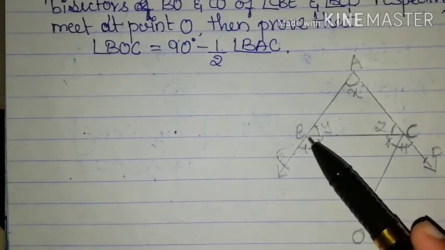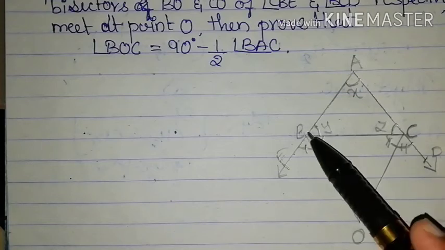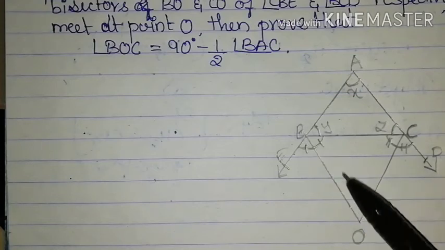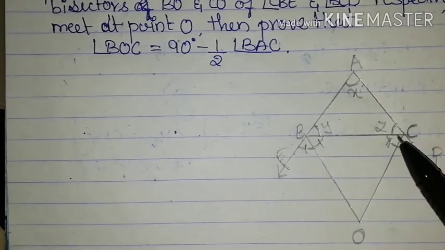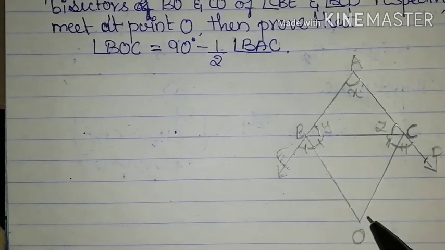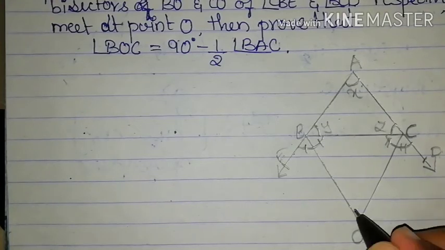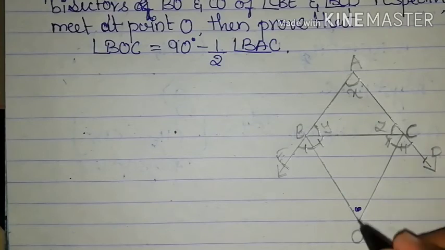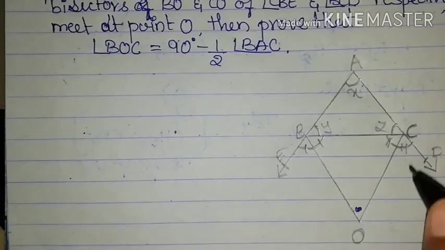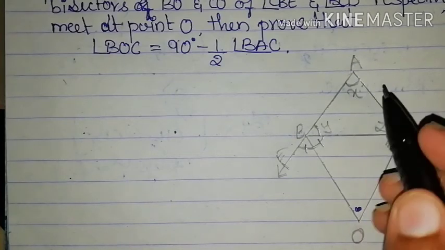The line segment BO is the bisector of the angle EBC and CO is the bisector of the angle DCB. If the bisectors meet at the point O, then prove that angle BOC is equal to 90 degrees minus half of angle BAC.